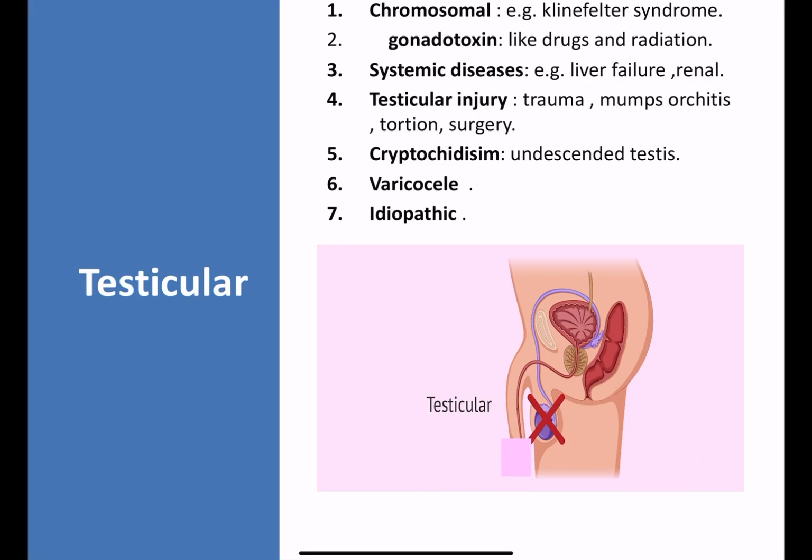So it should be corrected within 2 years of life. Number 6, varicocele, and by varicocele we mean dilatation of the pampiniform plexus of the spermatic cord, and this dilatation of the veins leads to an increase in the temperature of the testis and subsequently asthenospermia. Number 7, idiopathic or genetic causes.